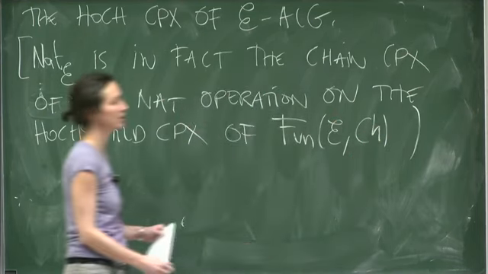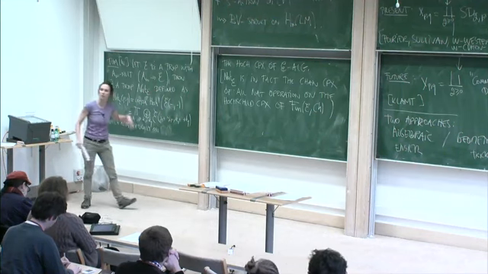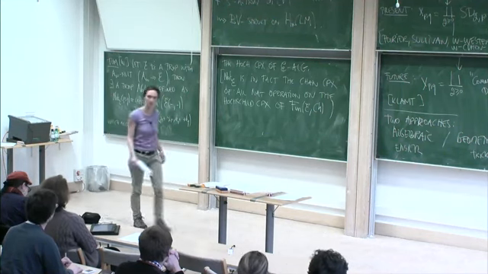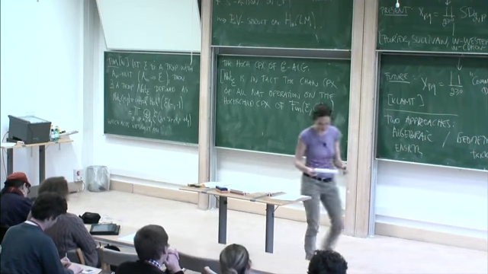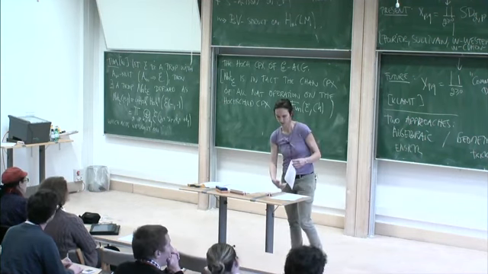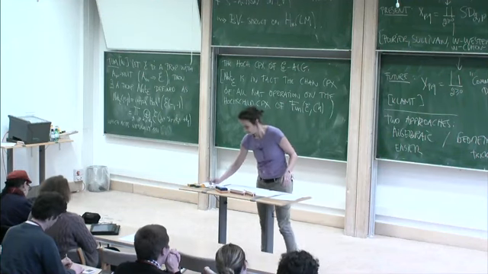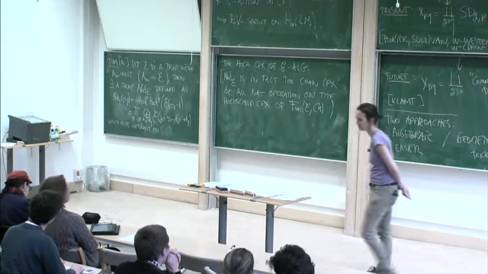So there's a characterization of this guy in terms of being all the natural operations. It's a Hom complex in some very precise sense, but this is not that relevant right here.